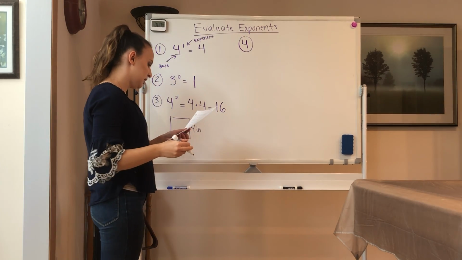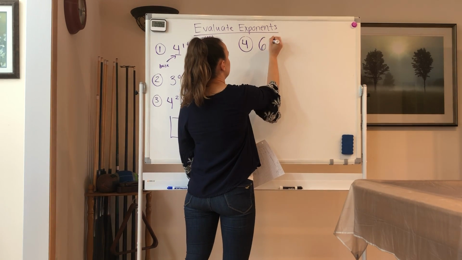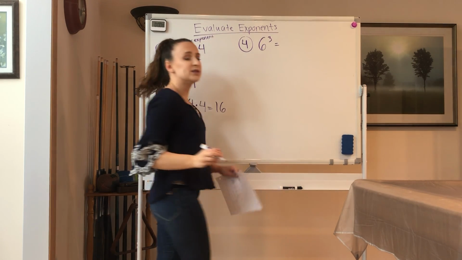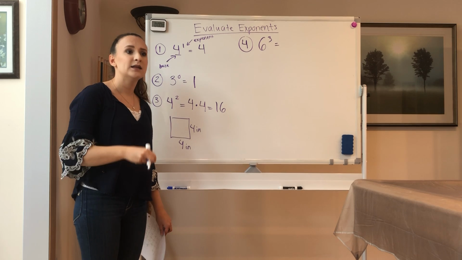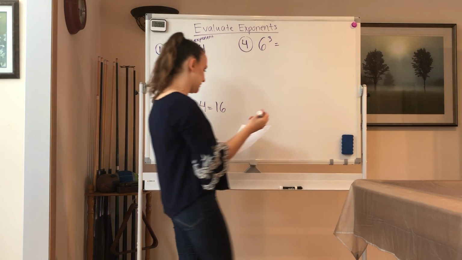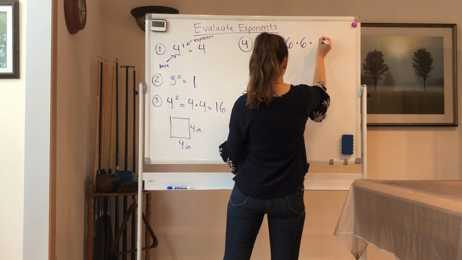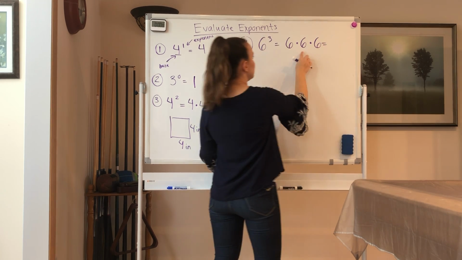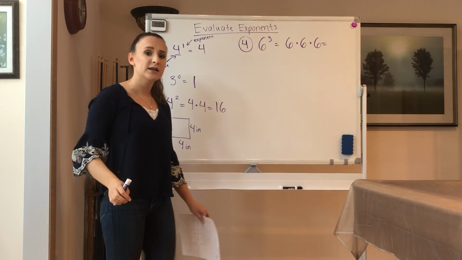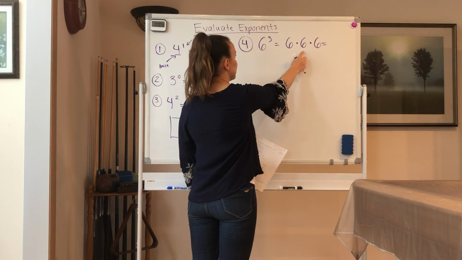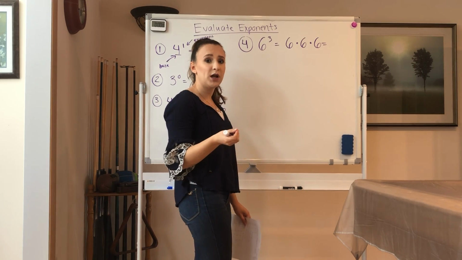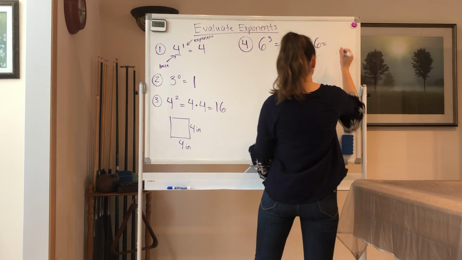Number 4, 6 cubed. So 6 cubed is 6 times 6 times 6. 6 times 6 is 36, and then if you multiply by 6 again, you get 216.